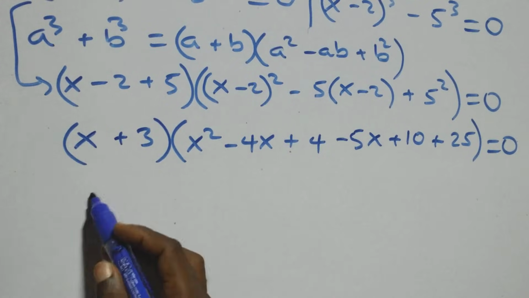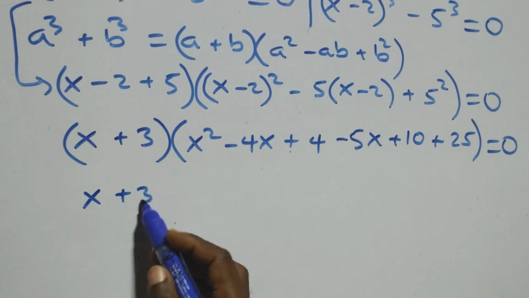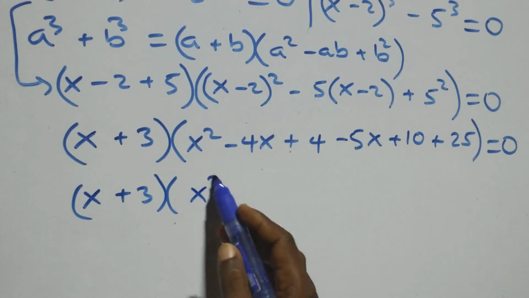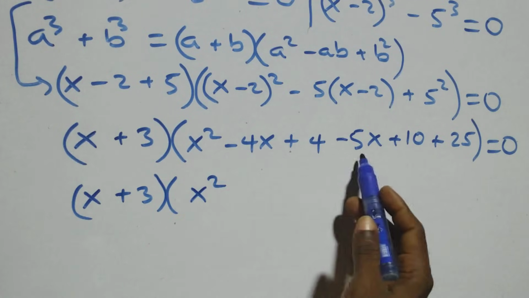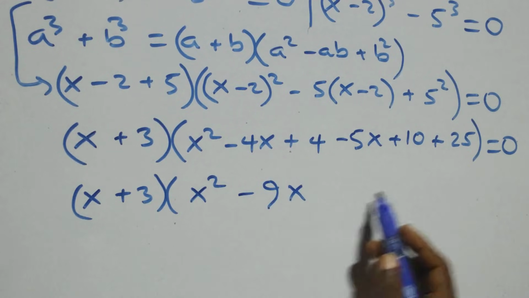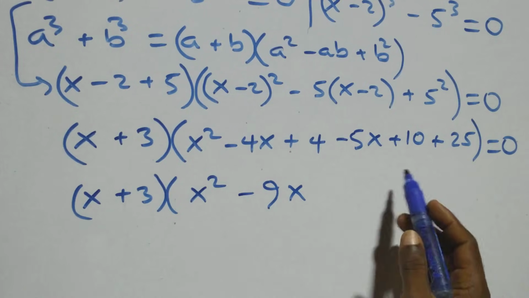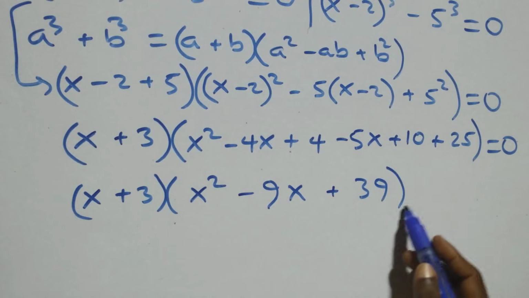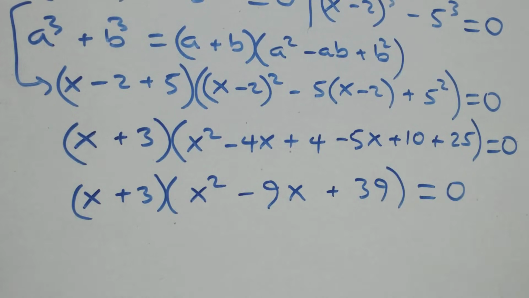Then this becomes (x plus 3) times (x squared, minus 4x minus 5x gives us minus 9x, 25 plus 10 is 35, plus 4 is 39) equals 0.